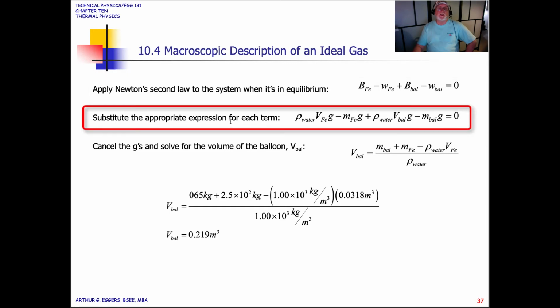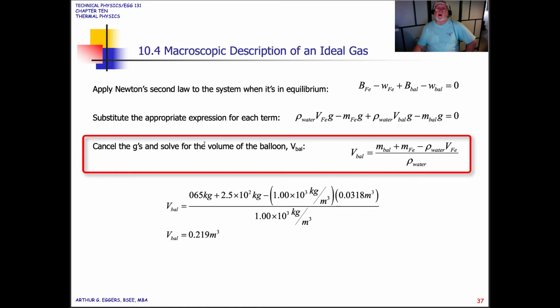Substitute the appropriate expression for each term: the density of the water times the volume of the iron times the acceleration of gravity, minus the mass of the iron times the acceleration of gravity, plus the density of water times the volume of the balloon times the acceleration of gravity, minus the mass of the balloon times the acceleration of gravity equals 0.